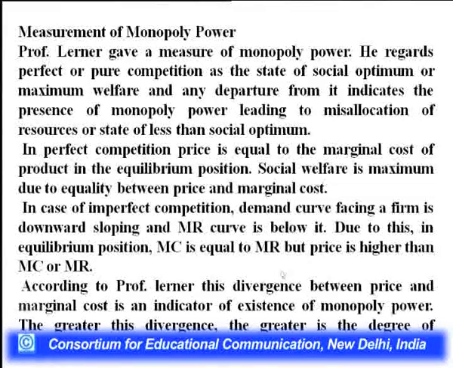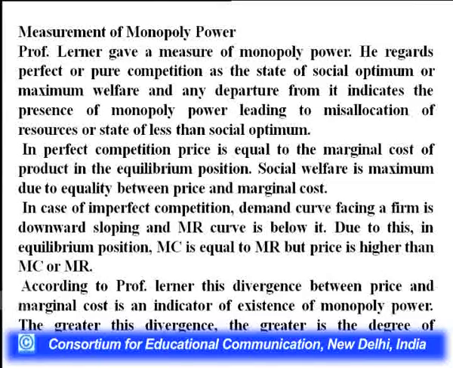Due to this, in equilibrium marginal cost is equal to marginal revenue, but price is higher than marginal cost or marginal revenue. So, according to Professor Lerner, this divergence between price and marginal cost is an indicator of the existence of monopoly power.